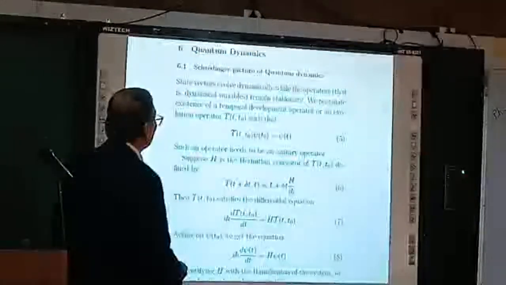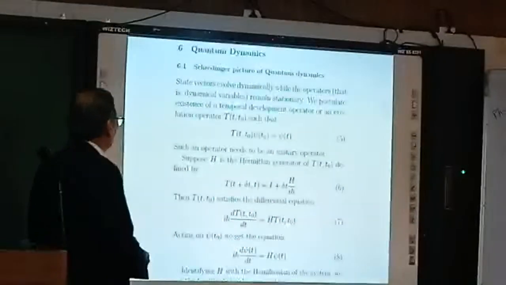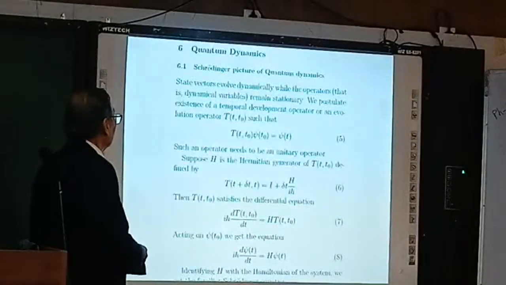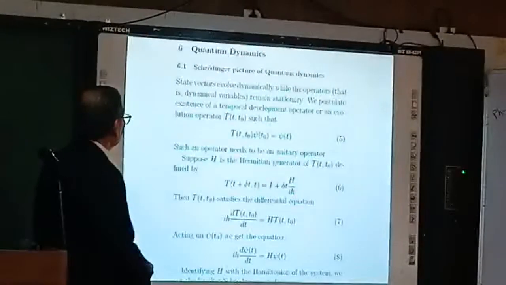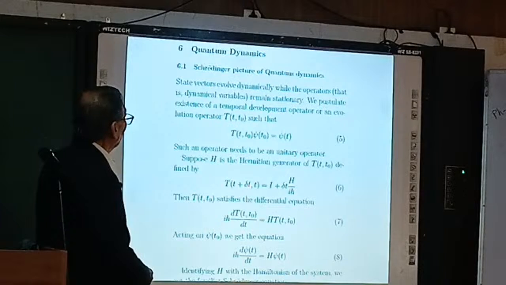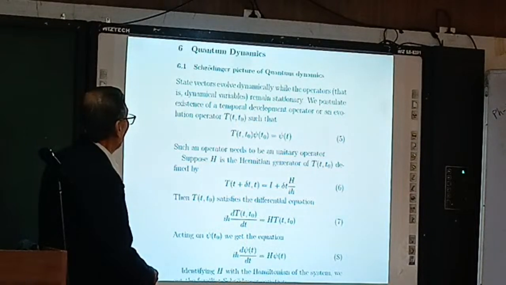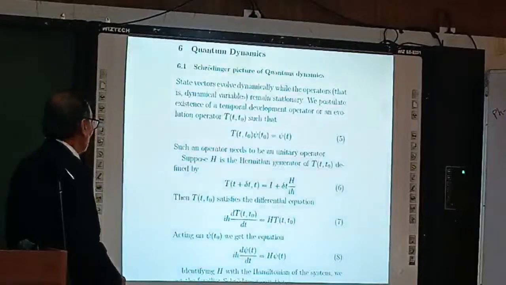Suppose H is the Hamiltonian, the generator of T, defined in this way: the time development for an infinitesimal time interval t to t plus delta t is given by T equal to the unit operator plus delta t times this operator, iħ d/dt at t equal to t0.